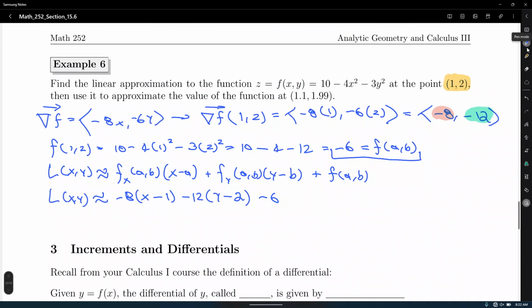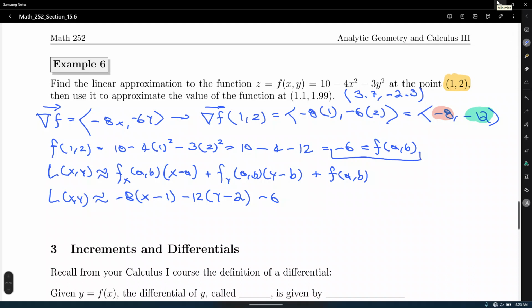Of course, this approximation wouldn't be good enough if we wanted to approximate the function value for 3.7 and maybe, I don't know, negative 2.3, right? So we would need to come up with a linear approximation at another point, maybe 4, that's the closest integer to 3.7, and the closest integer to negative 2.3, how about negative 2, right? That's just for a better approximation, of course.